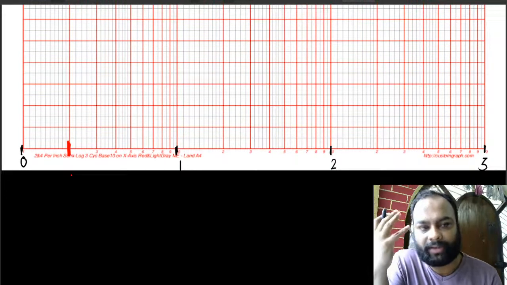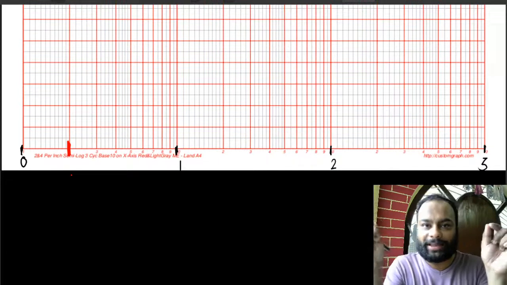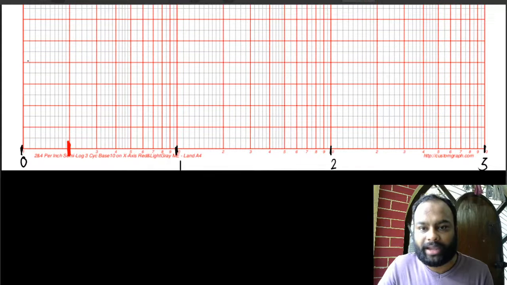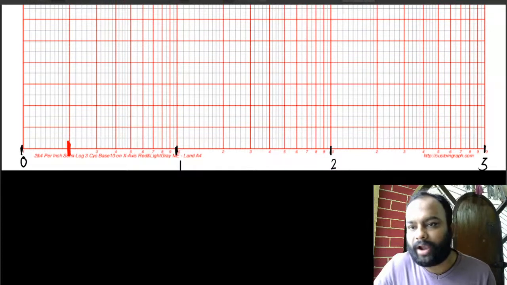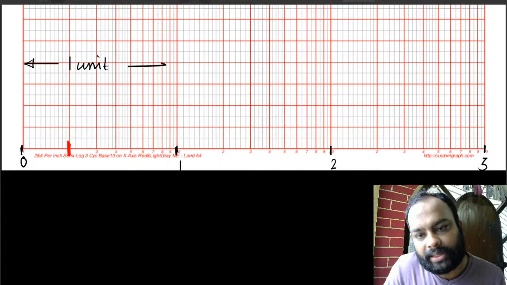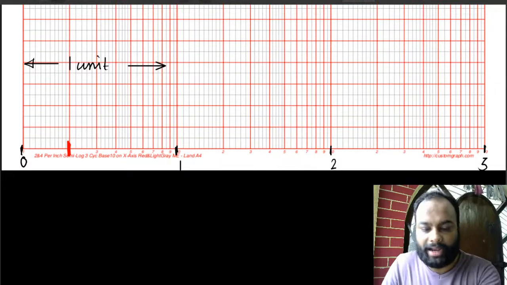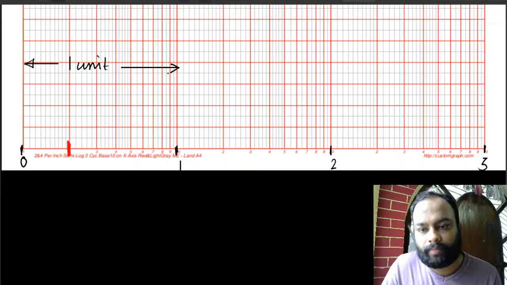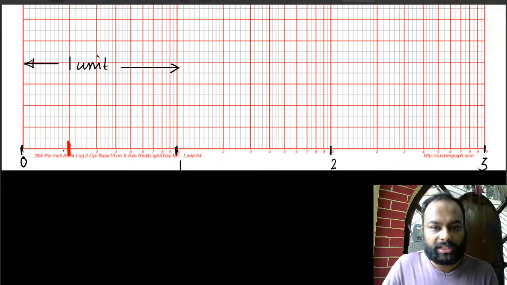Now, if you take a ruler and calculate the scale, if this is 0 and this is 1, what we are saying essentially is that this entire length is 1 unit, right? No, this is not 0.1.